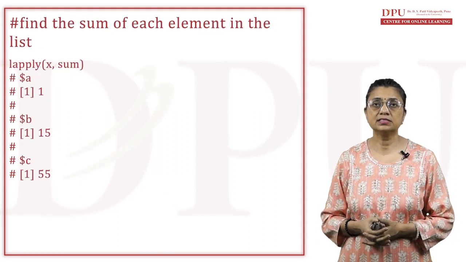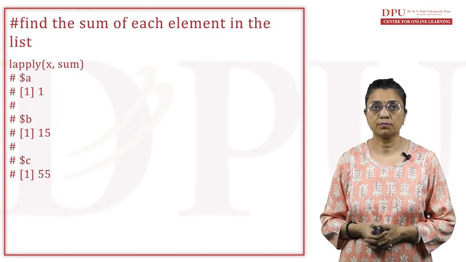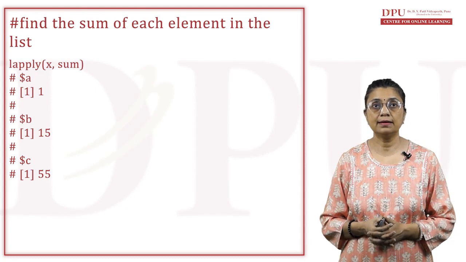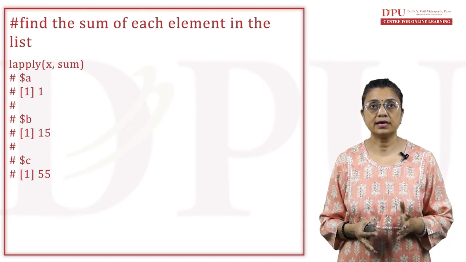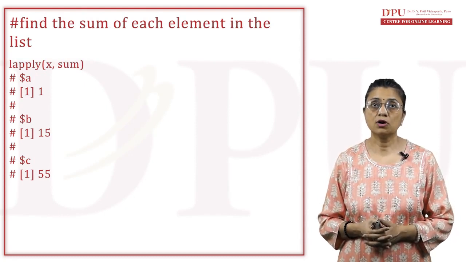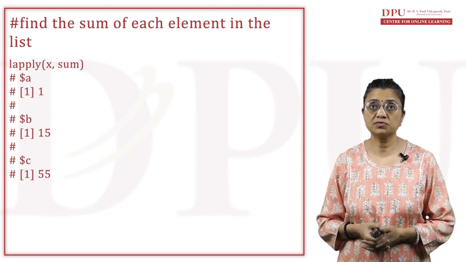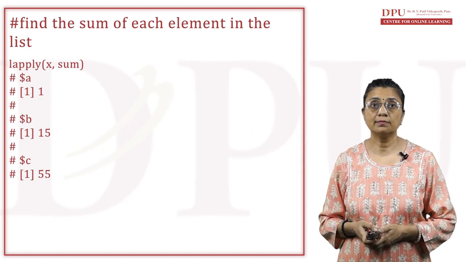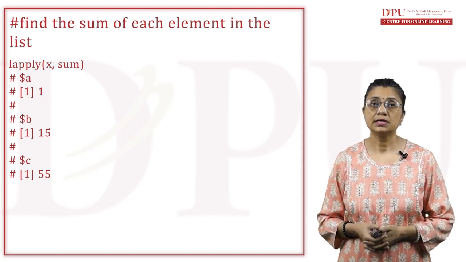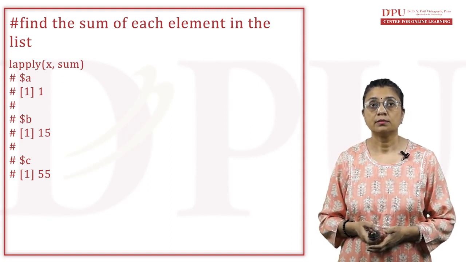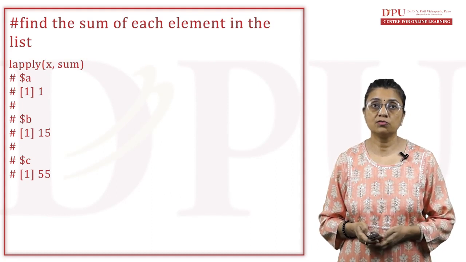Now, find the sum of each element in the list. Here you can see lapply and within brackets x comma sum. X comma sum means x is my data and sum is the operation which I'm applying. The sum of A is 1 because the value of A was 1.